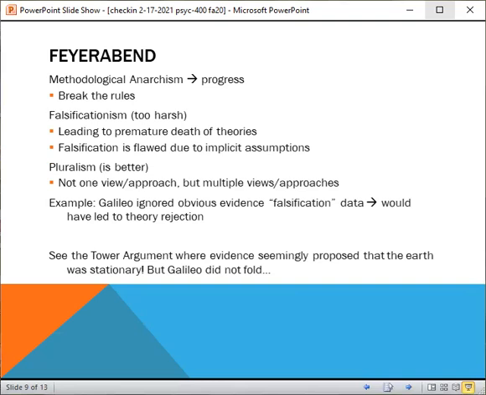A theory dies before its time, and that's what much of the discussion has been about since Popper proposed it, is a theory dying on the vine, so to speak, before it had a chance to really prove itself. So falsification is flawed due to these implicit assumptions, all right?